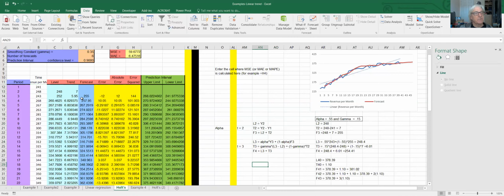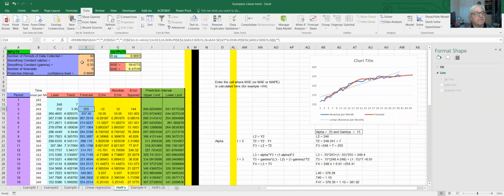F3 is 255. Here I'm using alpha equal to 0.55. The gamma will be explained in a minute. So L3 equals alpha times the new Y plus 1 minus alpha times the old forecast for period 3. That gives you 248.4.